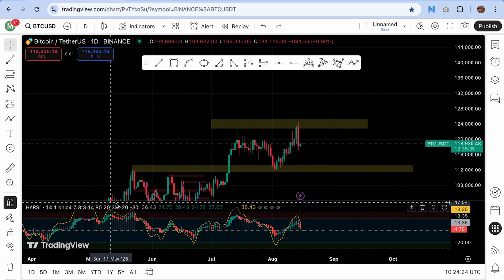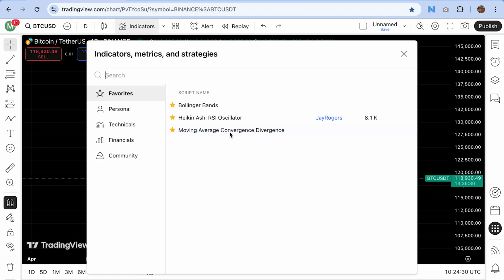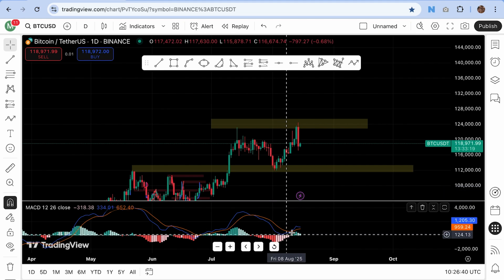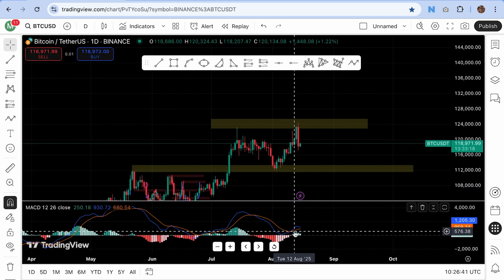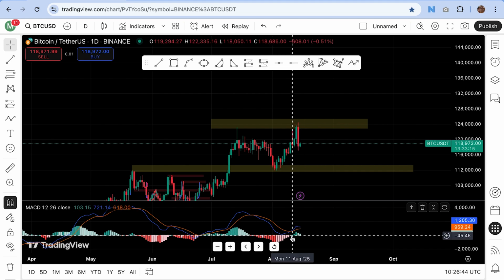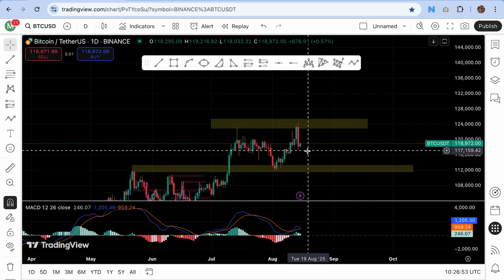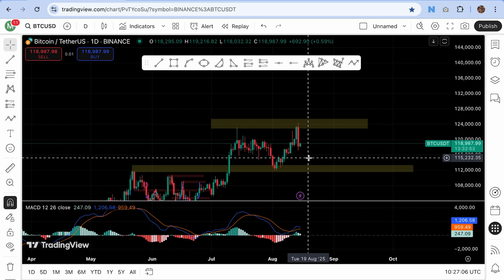Now I'll remove this and check another indicator, the MACD. Looking at MACD, it also shows the market is weakening upward and moving downward. So far, we have 3 pieces of evidence that the market will likely move down first and then possibly go up.